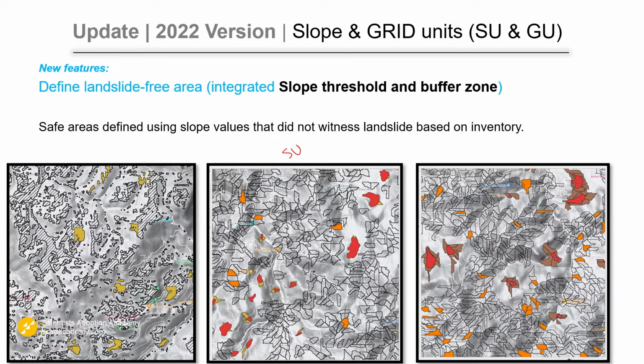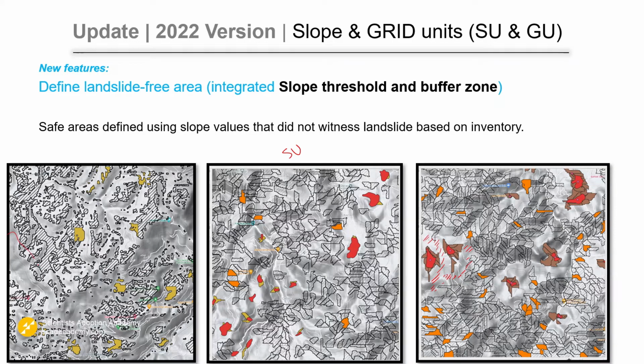Here is another example. This is the zeros represented by the center of the landslides. This is the polygon representing the landslide, and below it is the representation of the slope units. For the slope units, we took the buffer around them, and after we take the buffer, we ignore all the areas that you see here.